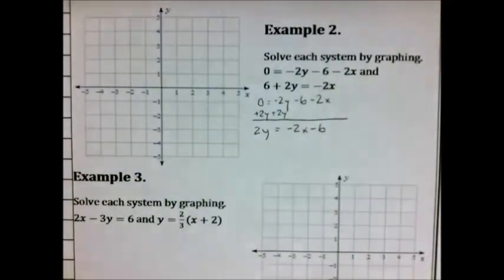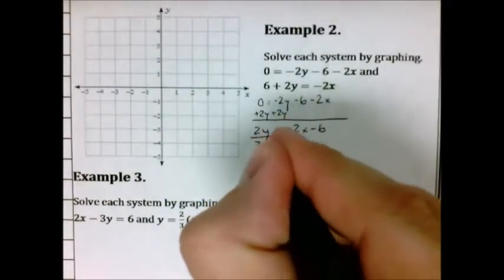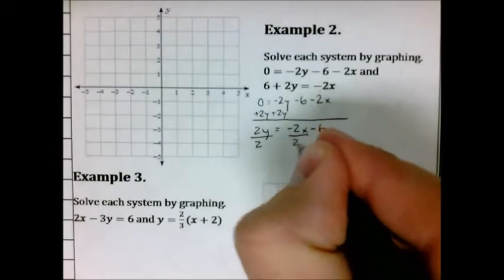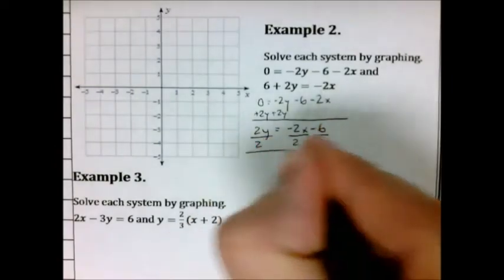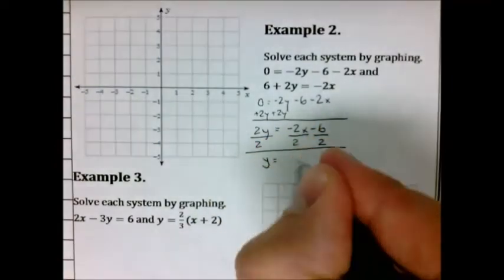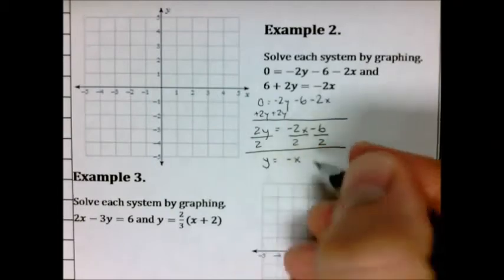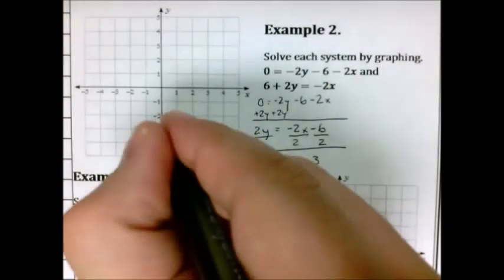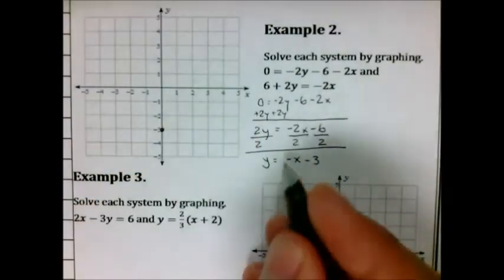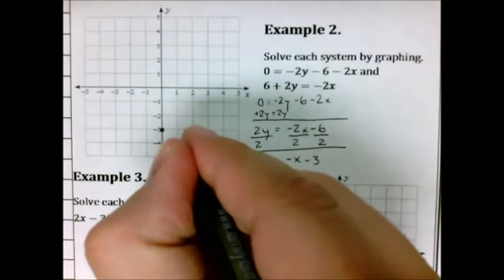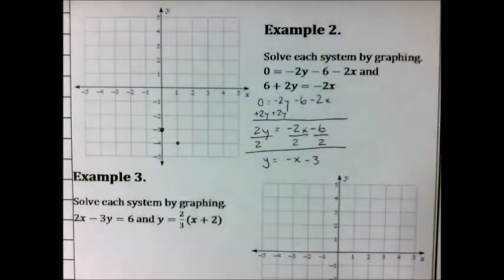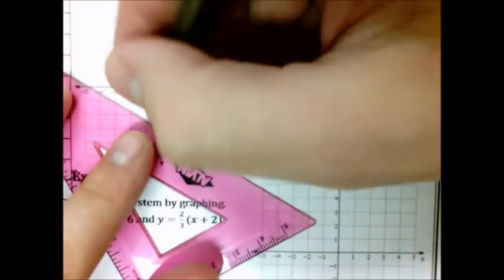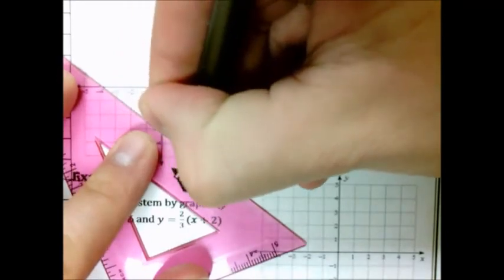And we see we're almost into slope-intercept form, where all we have to do now is just divide by 2 to all terms, and we get y is equal to negative x minus 3. Okay, and we can graph that. The y-intercept's at negative 3, and the slope is negative 1 over 1. That means we're going that direction here. And we can graph this line. So let's do that real fast.